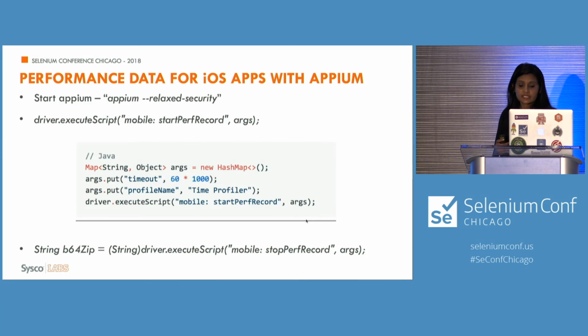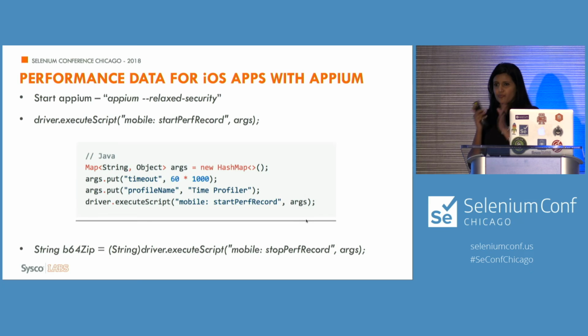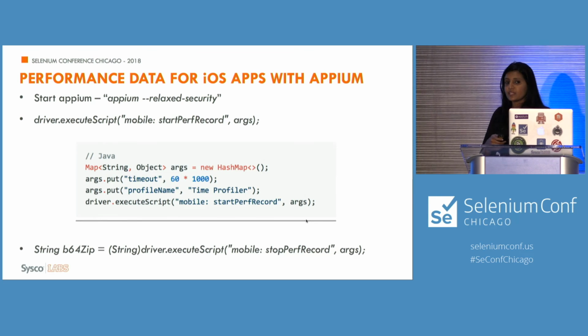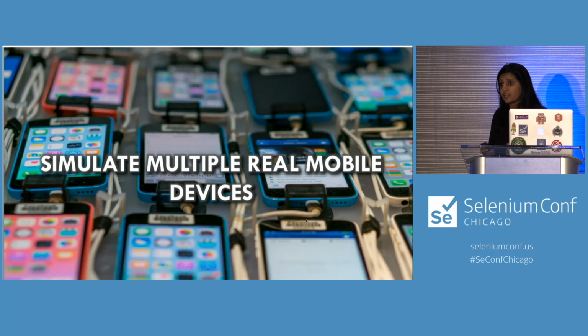So this is basically the idea of what we've started doing with device and network performance for our applications in Android and iOS. I've just shown you the very basic starting stepping stones that you can start with, right? But this is not it. When I said we have multiple clients, we need to simulate real mobile devices, right?